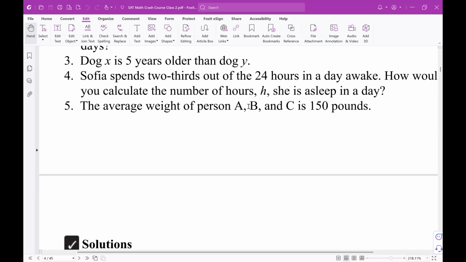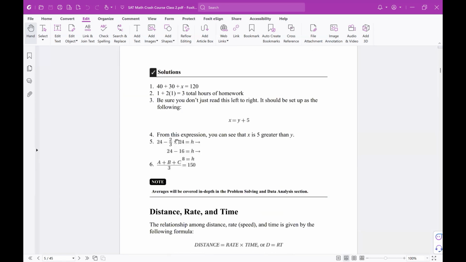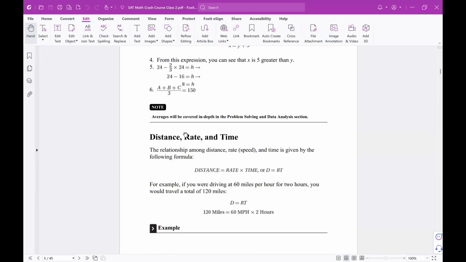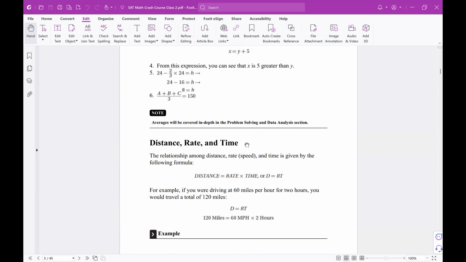If you're not thinking about the weight problem of a person, whatever it is, you just need to add them and divide them by the total number. Average will be covered in depth in the problem solving and data analysis section, but I have given you a basic introduction to average.